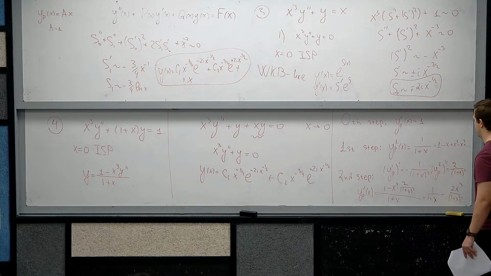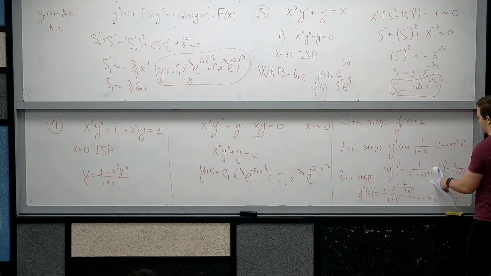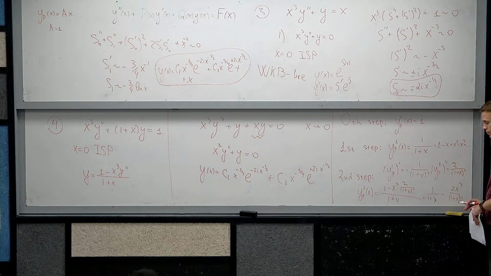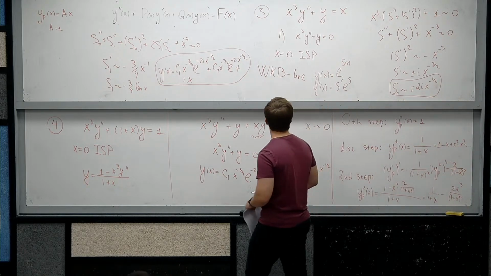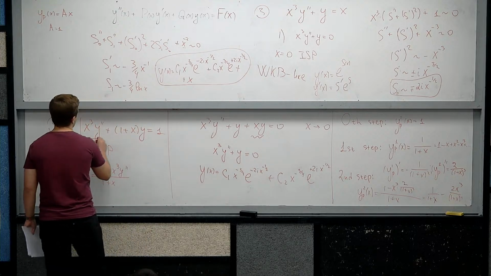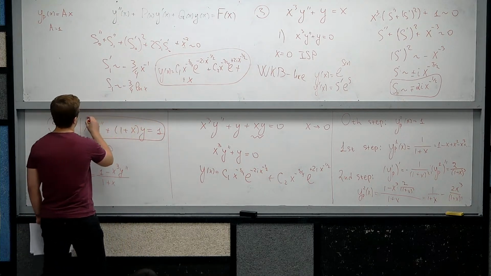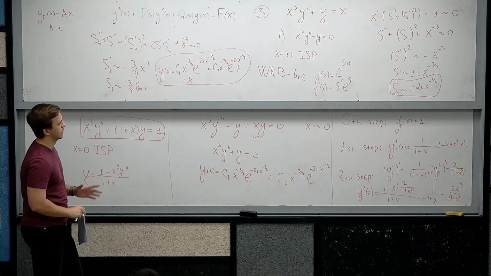So we see that for the second step we get the value of the particular solution in the first step minus some correction. And we can continue this process. So in this case, for this equation, we cannot actually find the solution in the exact form.